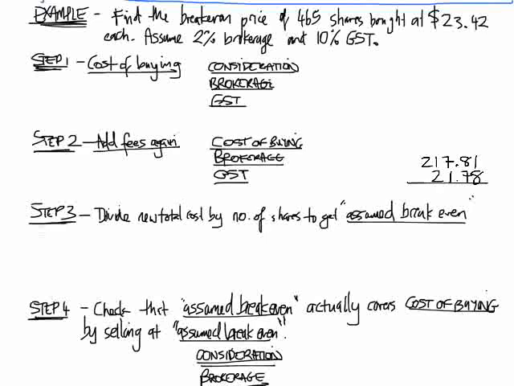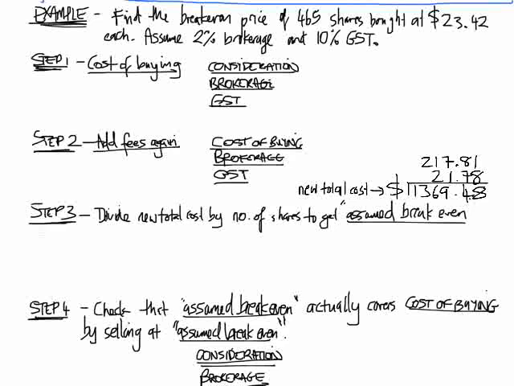So this is going to total $11,369.48. That can be referred to as a new total cost. It's not as important as cost of buying, so I'm not going to put a box around it.